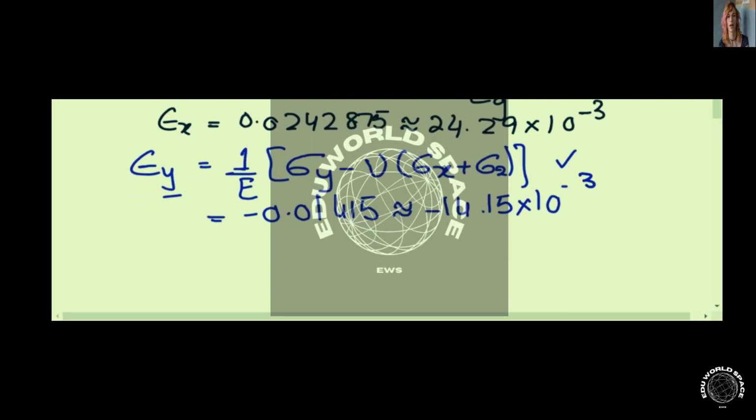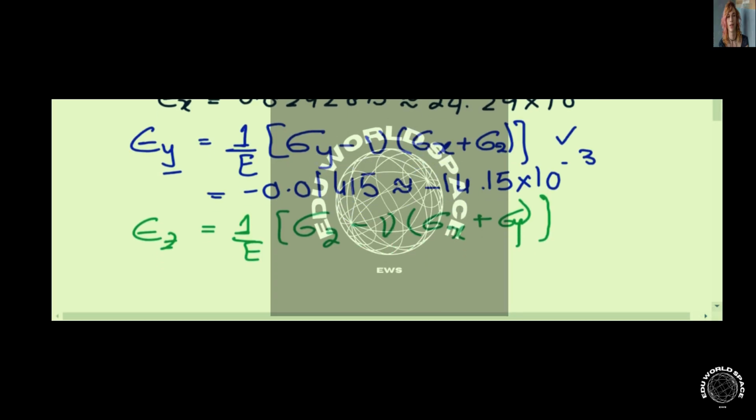Then again we'll repeat it for the z direction, right? So for the z direction, we have 1 divided by E, and the stress for the z direction will be at the start of this bracket, minus epsilon, stress of the x direction plus stress of the y direction, right?